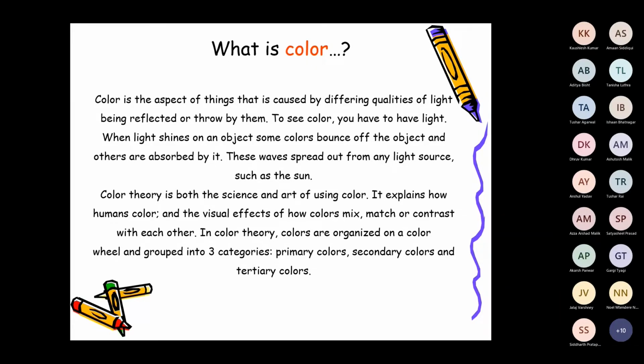Right now, we begin with the color. Color is the aspect of things that is caused by different qualities of light. So it comes from the lights, being reflected or transmitted by them. To see color, you have to have light, right? Without light, we can feel only two tones. It's black and white. Is that okay? And they both do not come in a color.